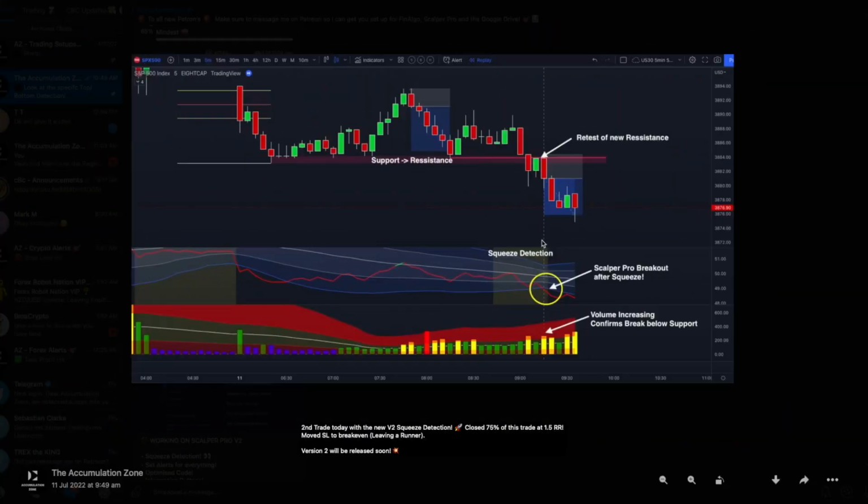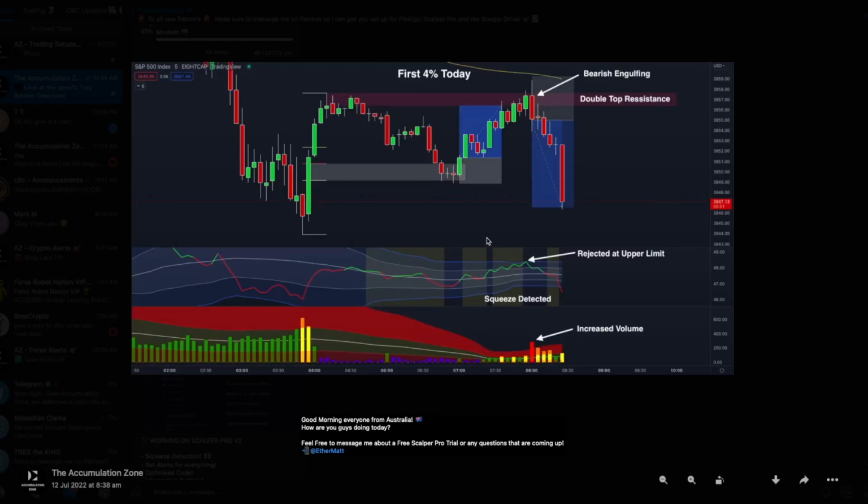So you can clearly see that I'm not just basing my trades on the Scalper Pro, I'm using TA with support and resistance levels, candlestick analysis, price patterns and volume, just to confirm everything, so I will have a high probability setup I can go into.